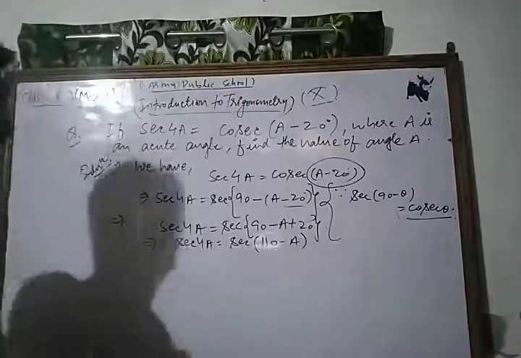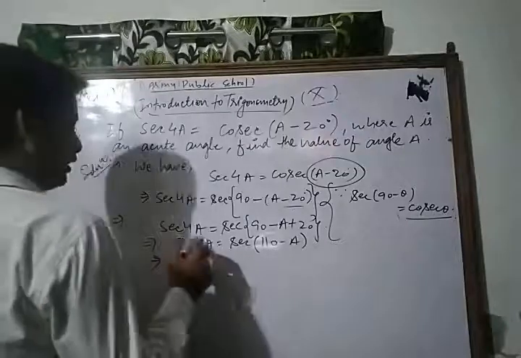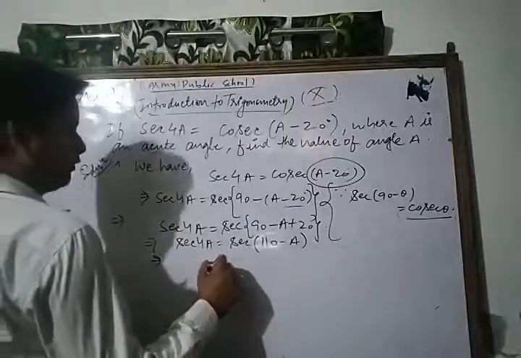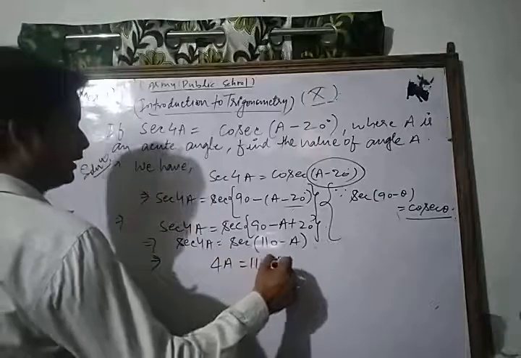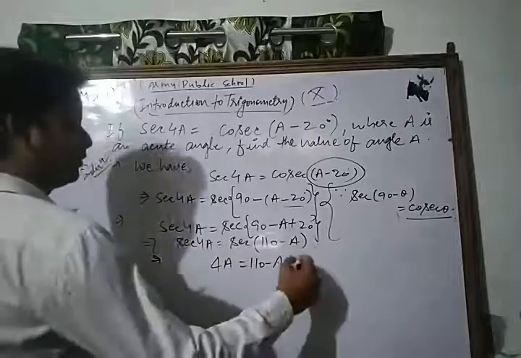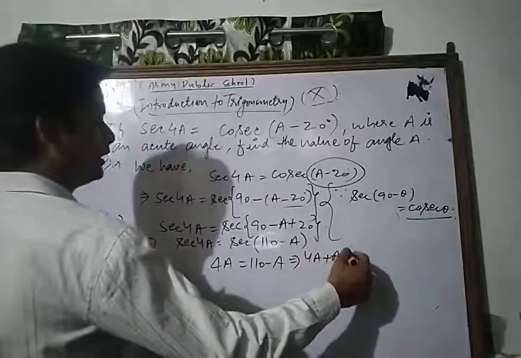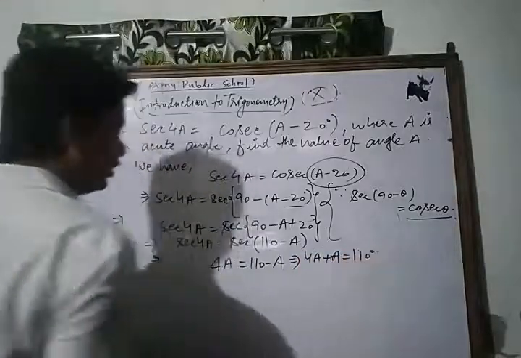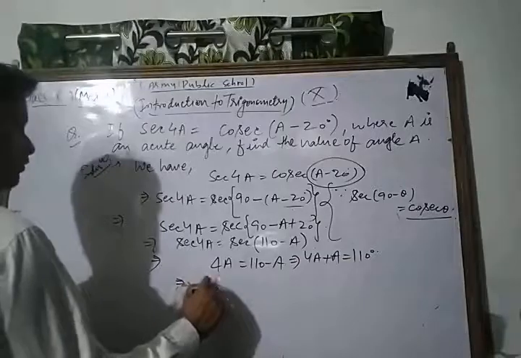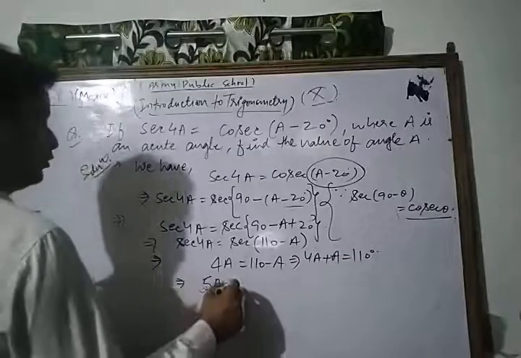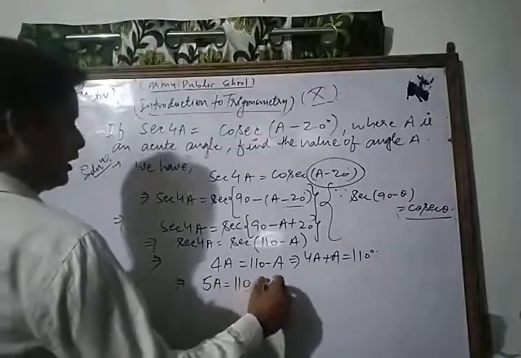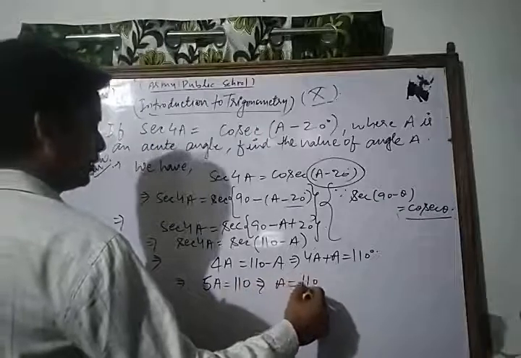Now comparing both sides, we write 4A is equal to 110 minus A. Now we simplify. Taking together, 4A plus A is equal to 110, so 5A is equal to 110. That is A is equal to 110 upon 5.